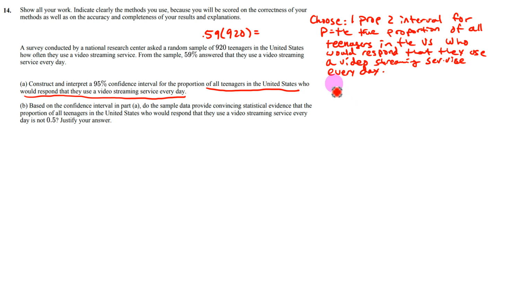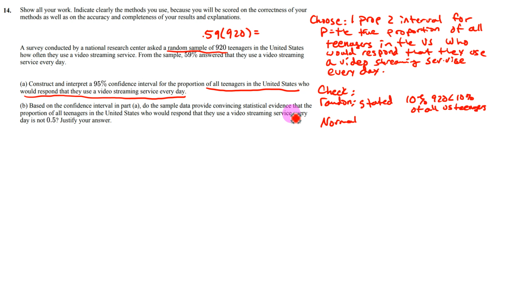Okay. Check the conditions. Random: stated. Random sample, stated. 10%: 920 is less than 10% of all U.S. teenagers. And normal.